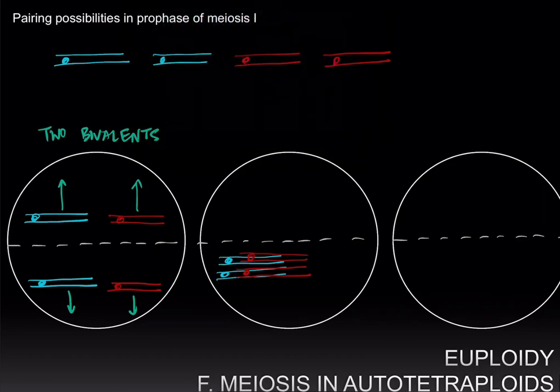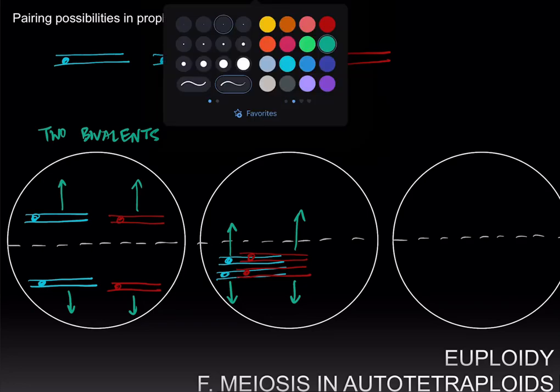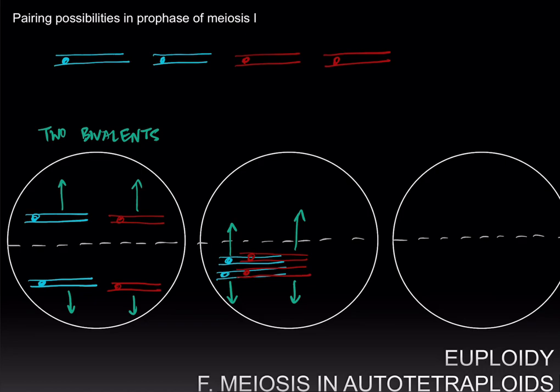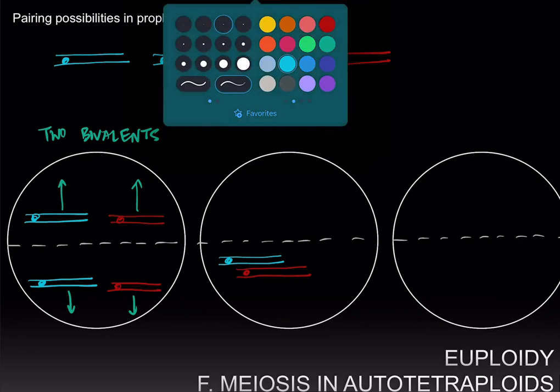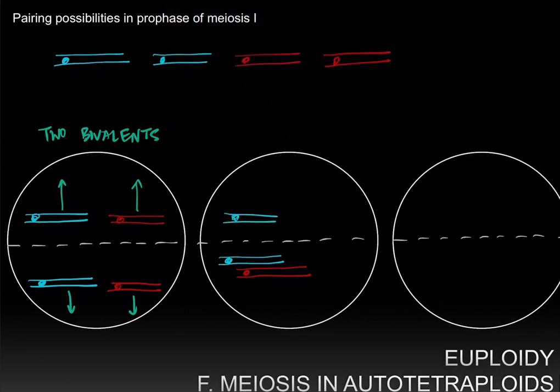But when we consider segregation, each pair will segregate to opposite poles, and we will once again end up with a situation of two chromosomes or 2 dyads on either side, resulting in diploid gametes. And so this is 1 quadrivalent.